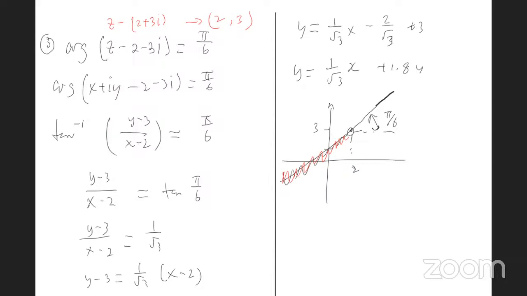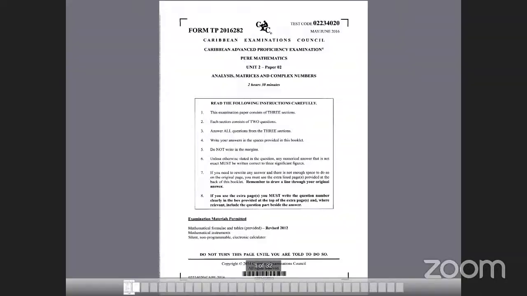All right, nice. Okay, so that's the end of theory now for complex numbers. Let's try some questions, and then we're done. Then we are finished. Right, we will do that.